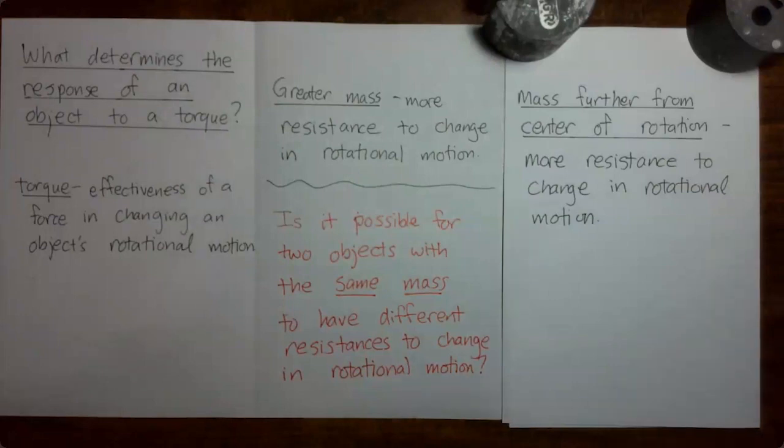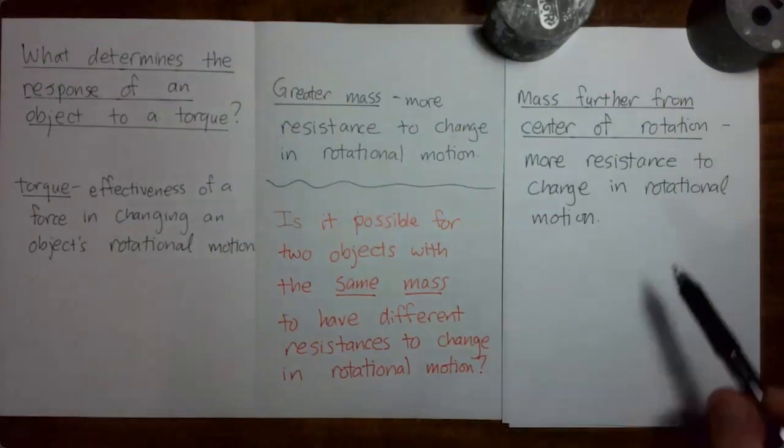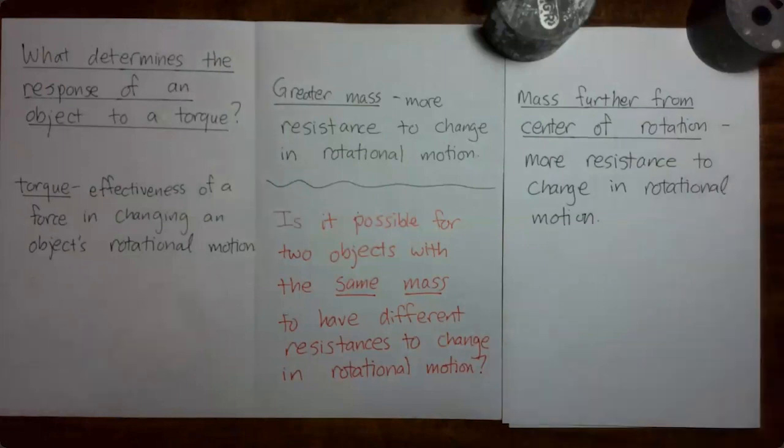So to sum up, the experiments we have done in this video have shown that two different things determine an object's resistance to change in its rotational motion. The mass of the object partially determines the resistance of the object to change in its rotational motion, but the distribution of mass within the object also determines the resistance of the object to change in the rotational motion.